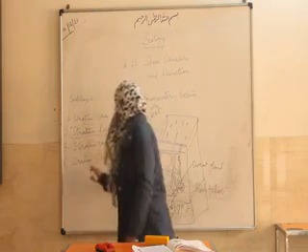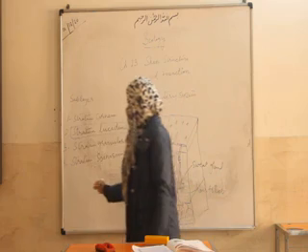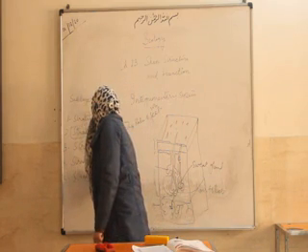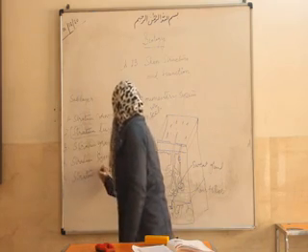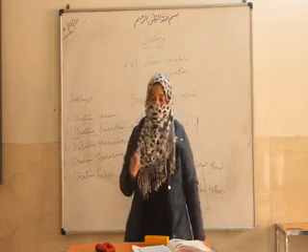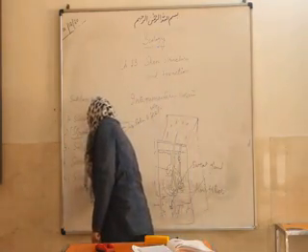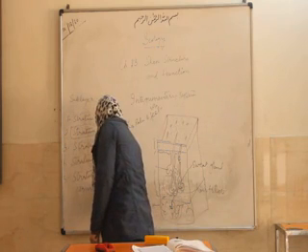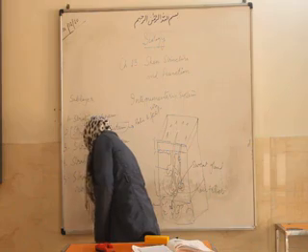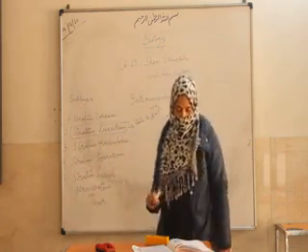Fourth one is stratum spinosum, which is also not mentioned in your book, but it is also there. Then stratum basale, or we say the germinative layer, also called the Malpighian layer.